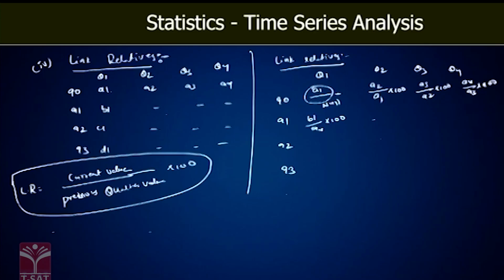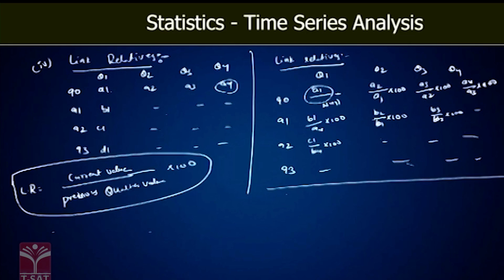We'll consider previous quarter value in this case as A4. Same అలాగే B2 by B1 into 100. అలాగే B3 by B2 into 100. Similarly like this. So మళ్ళీ ఇక్కడికి వస్తే ఏమవుతుంది? C1 by B4 into 100. Like this we have to find all the link relatives.